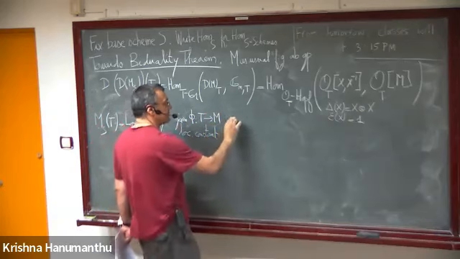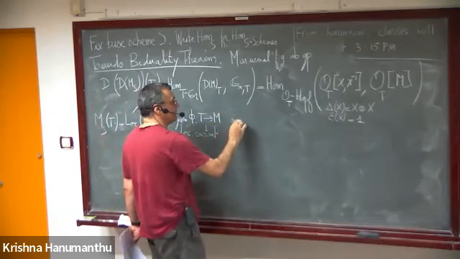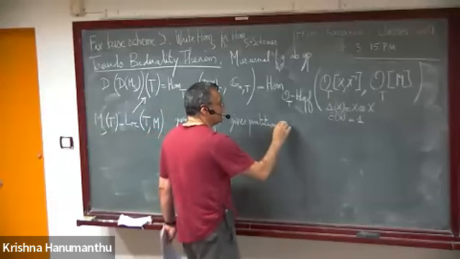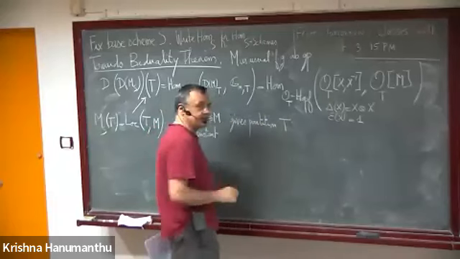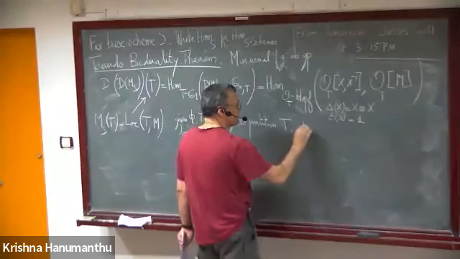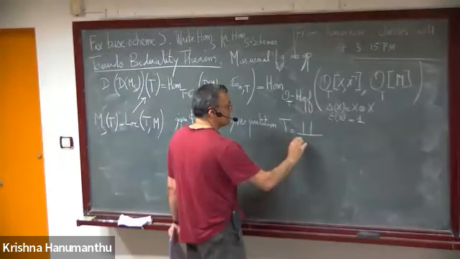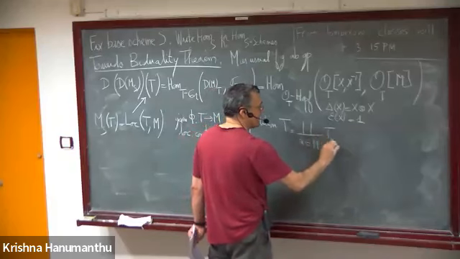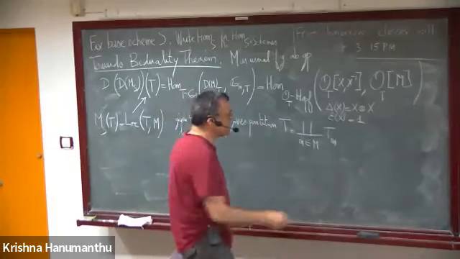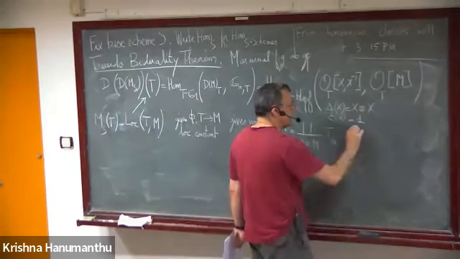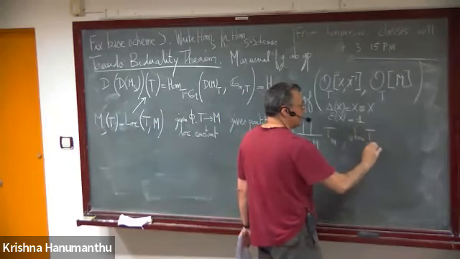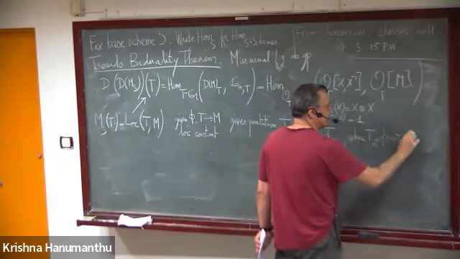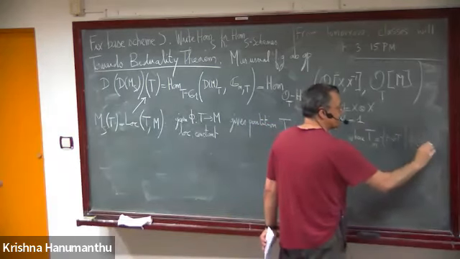So this gives a partition of the topological space of T. It's a disjoint union over all m in M of some subset Tm, where Tm is the set of those t in T such that phi of t is m.